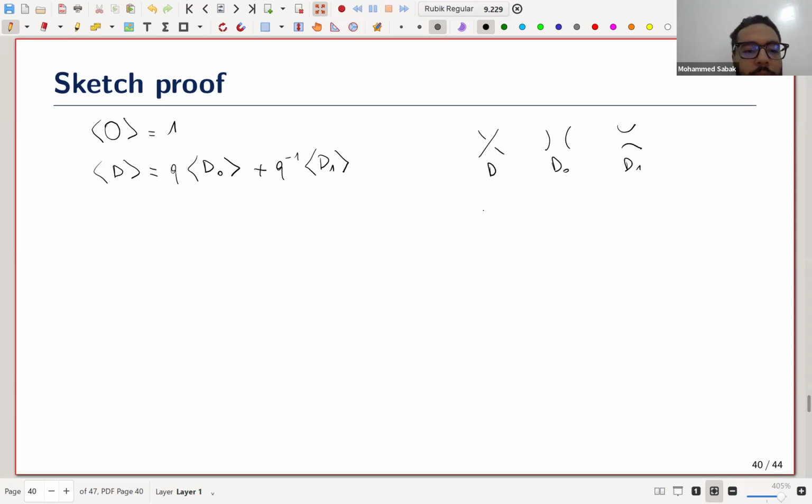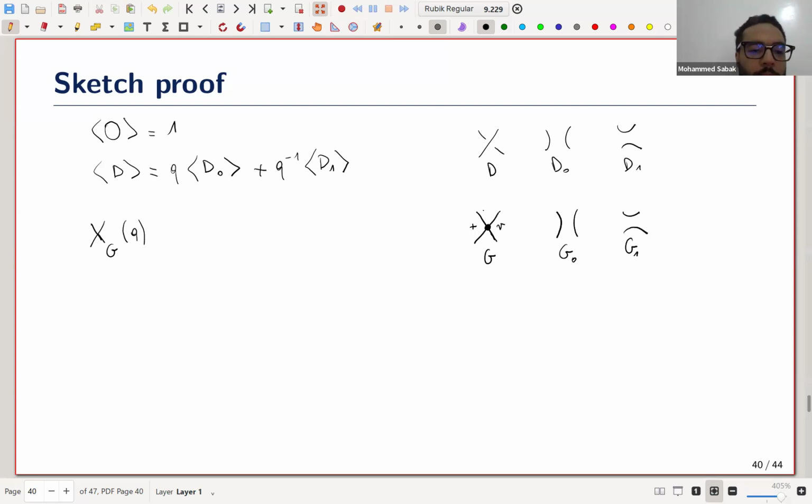So what we do is show that if we have a graph G like this, and we have a positive vertex V, then we merge at V and we get two graphs with one less vertex, this one and this one.